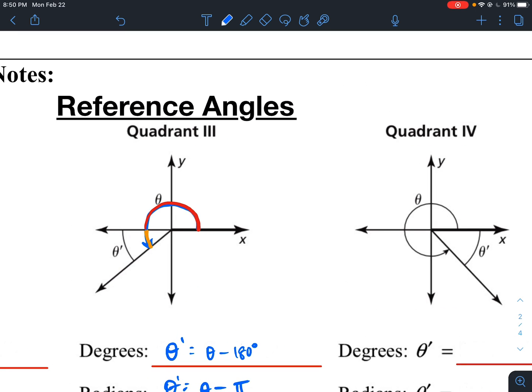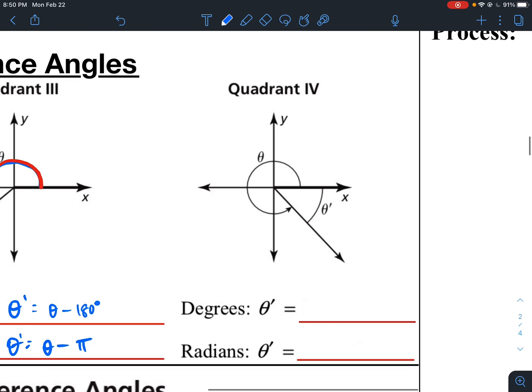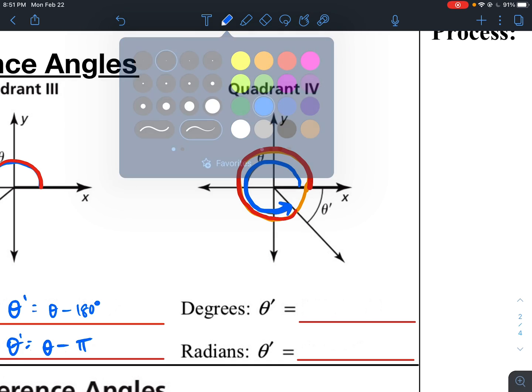If the terminal side is in quadrant 4, here is our angle for the terminal side. If I take 360 degrees and subtract the terminal side angle, I will be left with my reference angle.